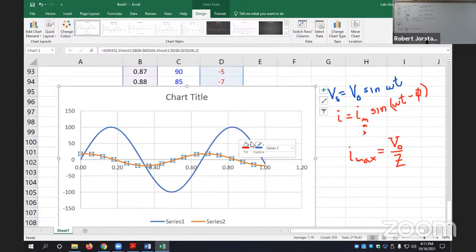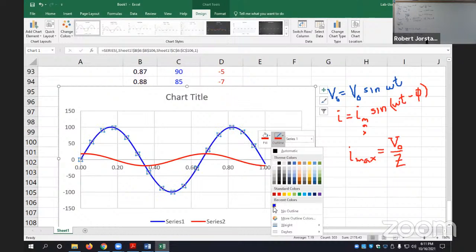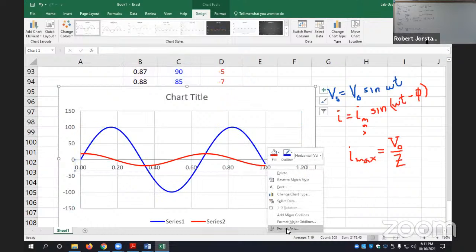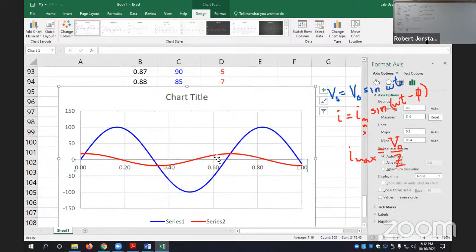Make that red. Oops, maybe I have to click this button. Red. There we go. Sorry about that. All right, and so we could see what's going on here. Let's go to 1 second. That's all we need. And here we can now see the phase angle and its effect.